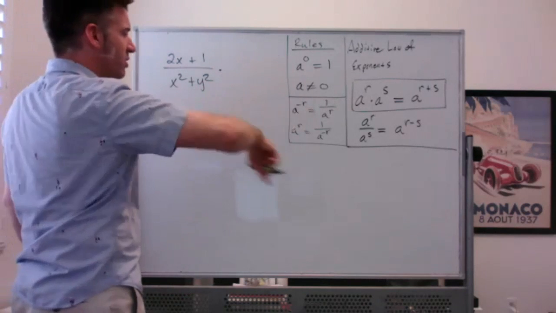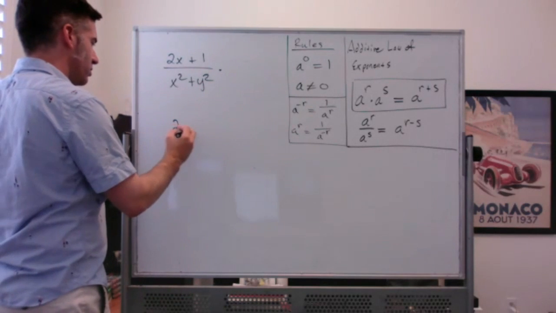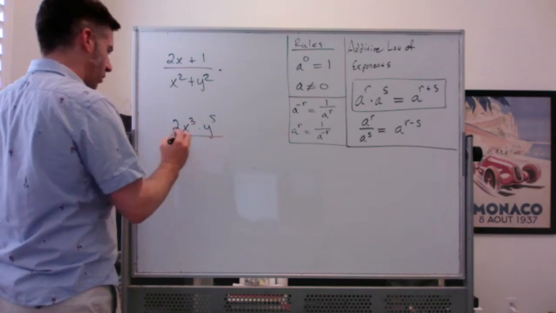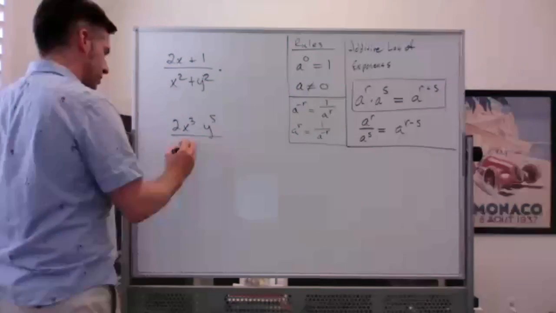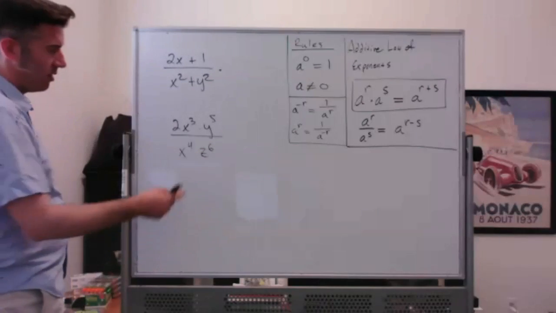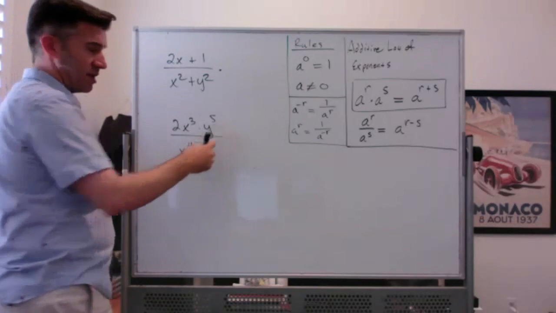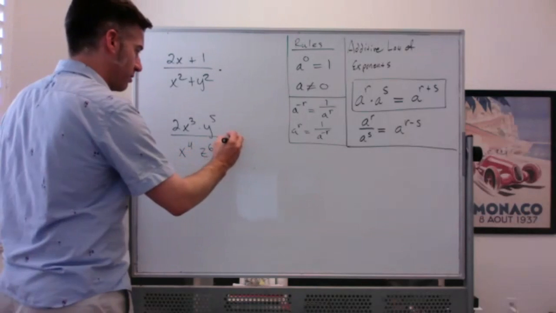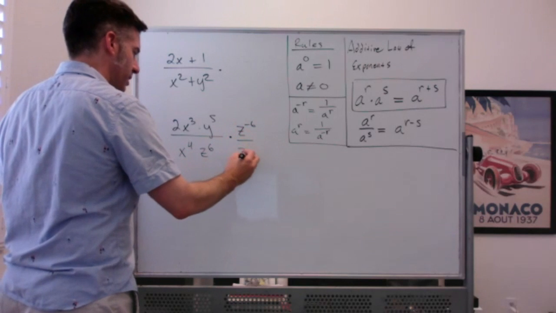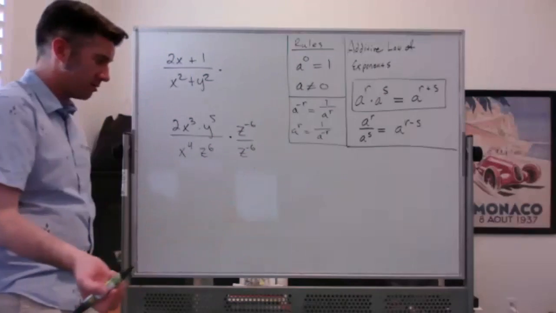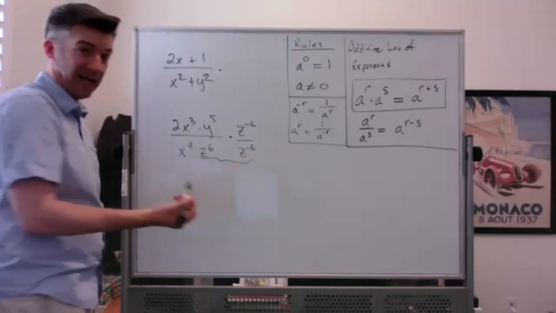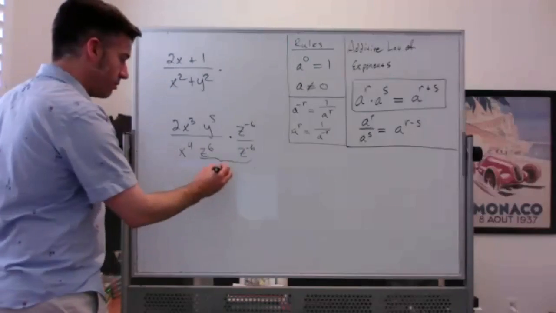This is more useful if you had something like, I don't know, 2x cubed times y to the 5th over x to the 4th z to the 6th. Then you can bring that z up because you're really just multiplying the top and bottom by z to the negative 6th. z to the 6th times z to the negative 6 is z to the 0, which is 1.